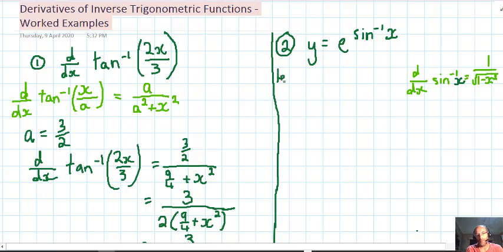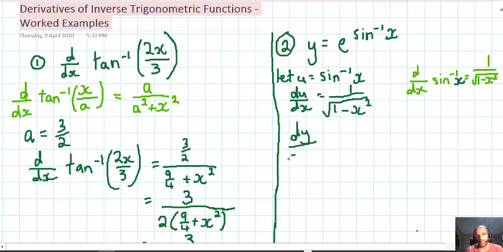So let u equal inverse sine of x, make a substitution. du dx would be 1 over square root of 1 minus x squared.